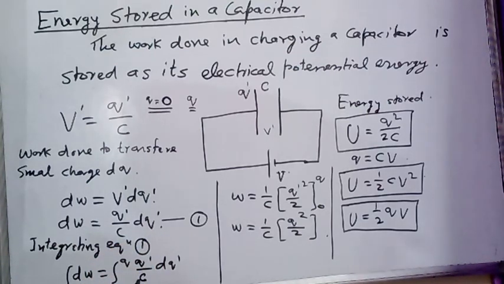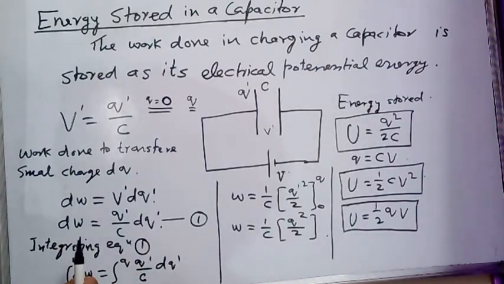Capacitance of the capacitor is to be treated as a constant. So if we integrate equation number 1 with limit 0 to W for dW equals limit 0 to Q of q dash divided by C into dq dash.